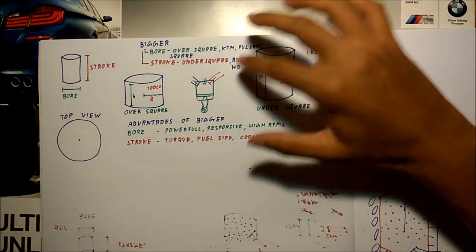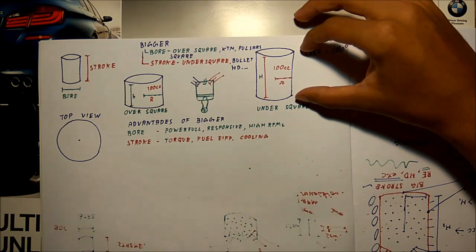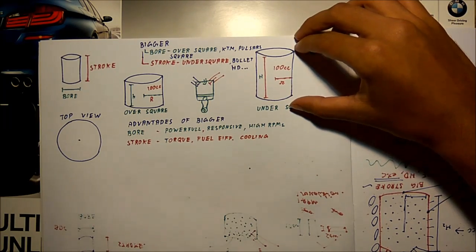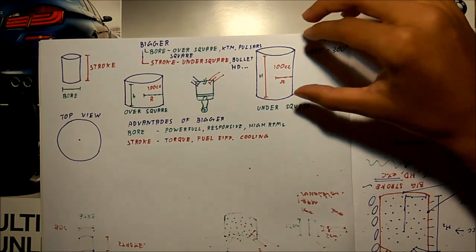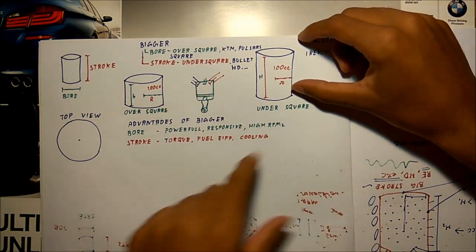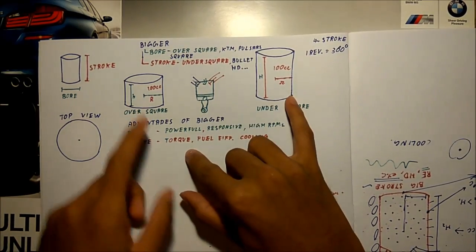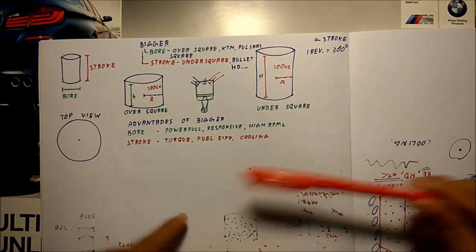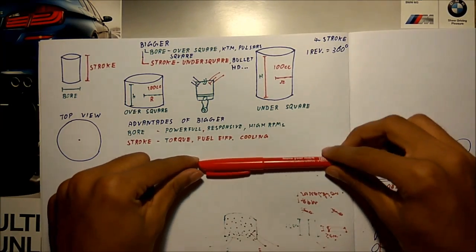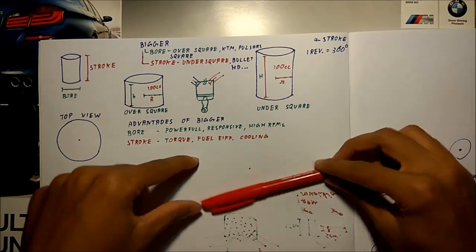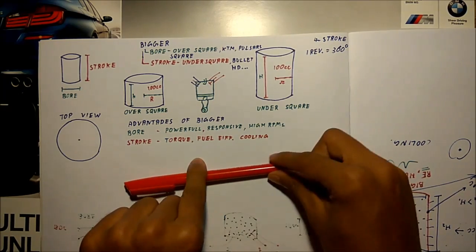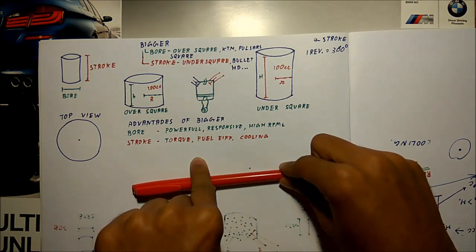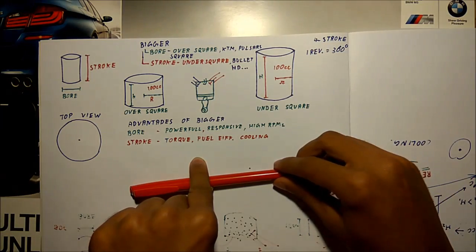This doesn't mean that under square engines are not very good. These engines are also very nice at the job they do. Under square engines actually have higher torque for the same cc, and the best example would be, say, I have a bolt here and I want to tighten or maybe loosen it. If I use a 5 centimeter wrench, my hand will have to travel a lesser distance, but I would have to put more effort into it.